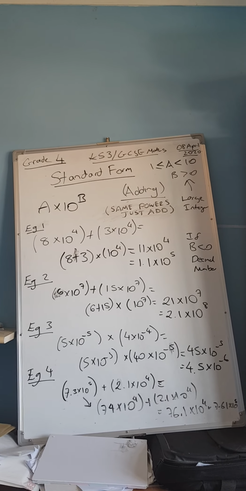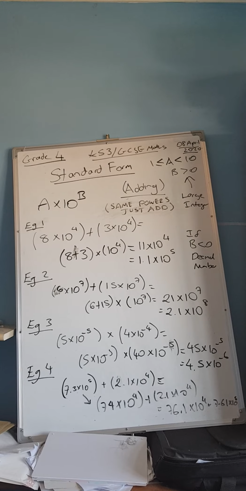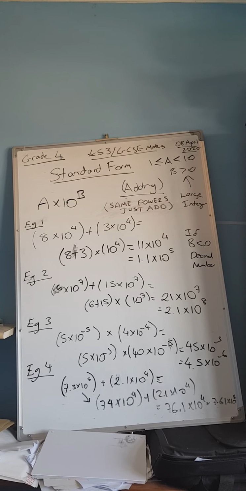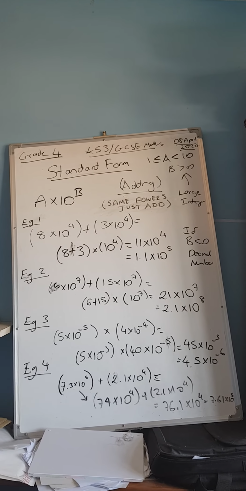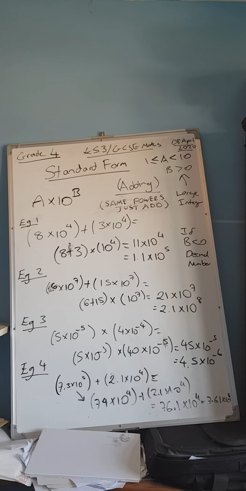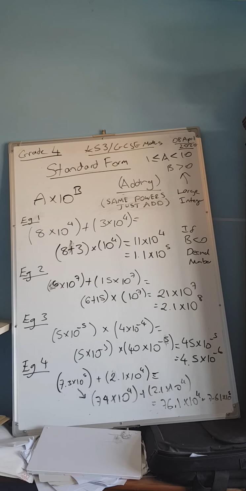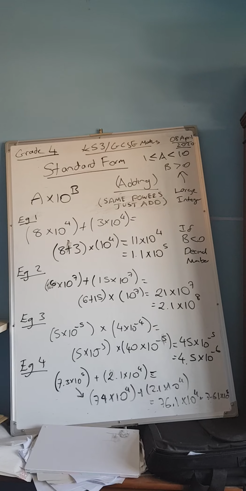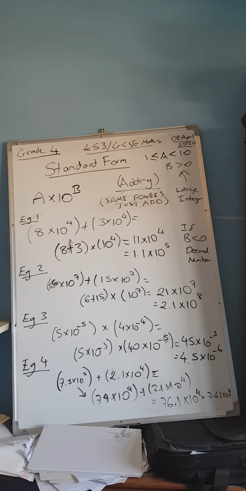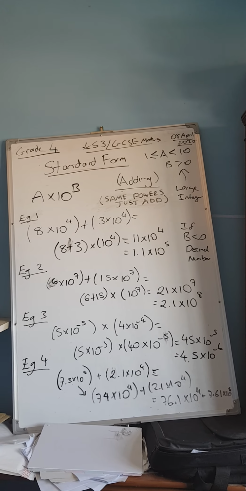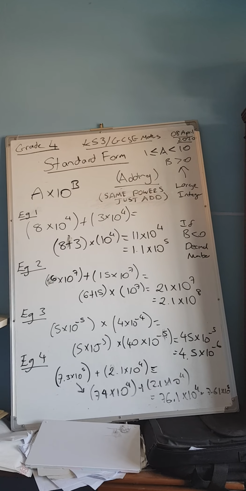So, if it's the same powers, all I do is add the numbers and keep the power the same. So it'd be 8 plus 3 times 10 to the 4. It is not times 10 to the 8. We do not add the powers if you are adding or subtracting in standard form. The power stays the same.